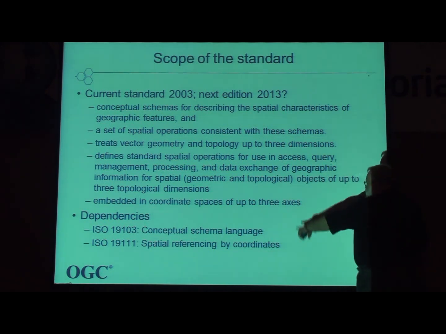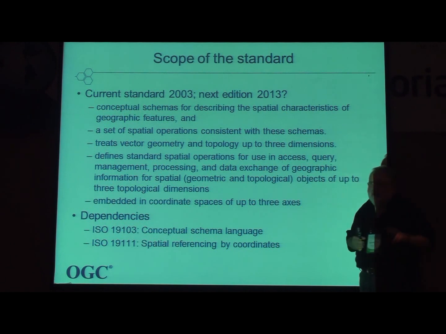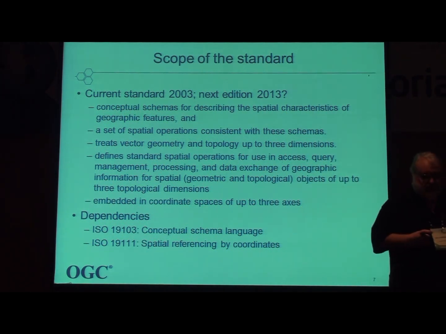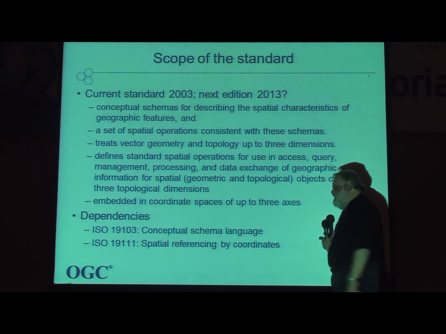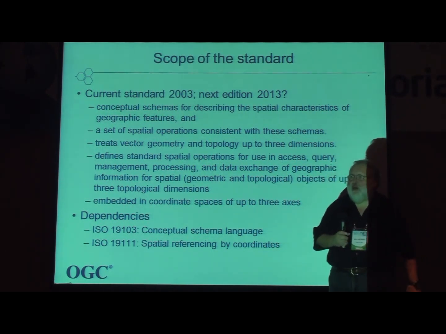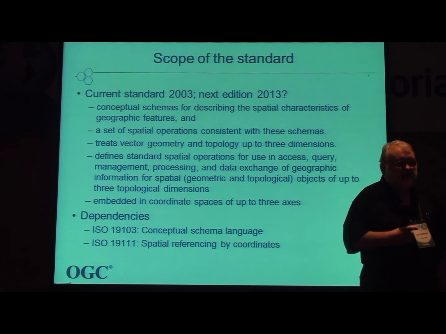And we're embedded in coordinate spaces up to 3 axes. And we had, and still do by the way, only 2 dependencies on other volumes in the ISO TC211 library of standards. One is 19103, conceptual schema language. Basically, it's a profile of UML. This is how you're supposed to use UML.